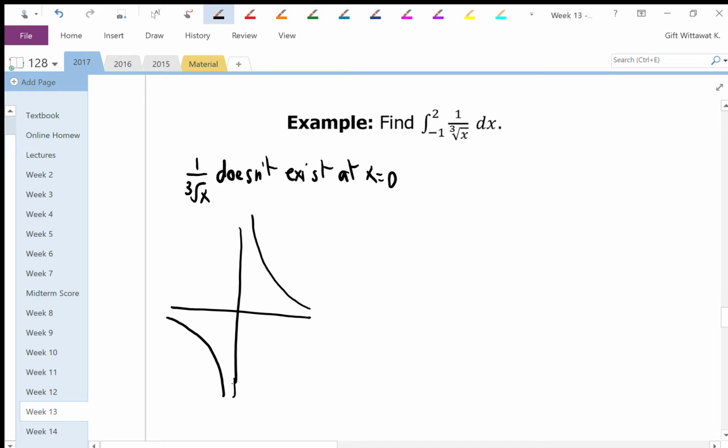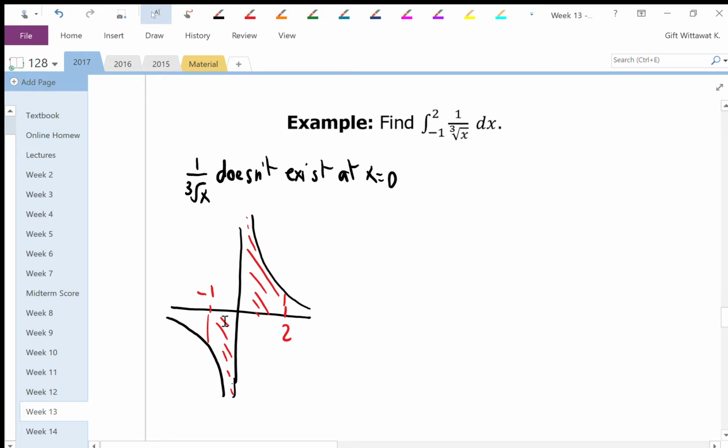So the function doesn't even exist when x equals 0, and yet I have to find the integral, which is kind of like this area here. This is a pretty weird region to look at.